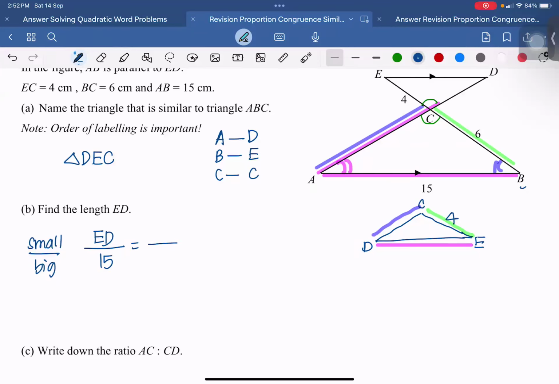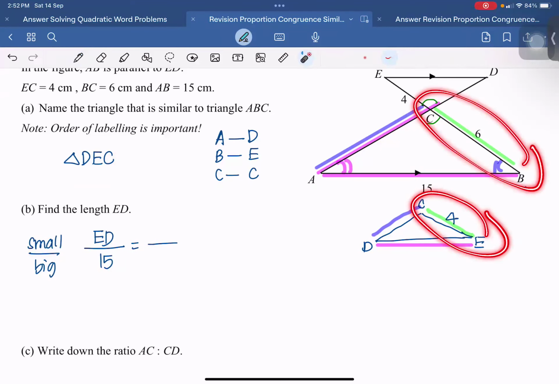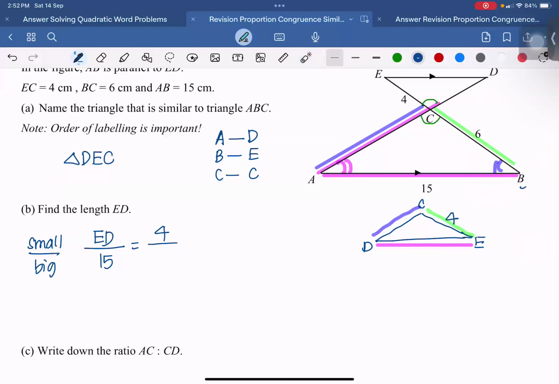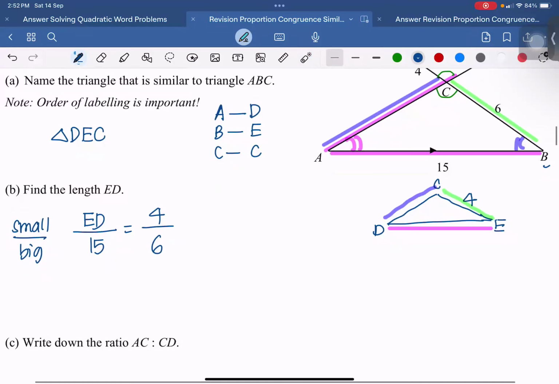Small over big. Give me one more pair that has numbers. EC and BC. So it's small over big, so it'll be 4 over 6. Then what we do is cross multiply, or we can multiply the number 15 across.